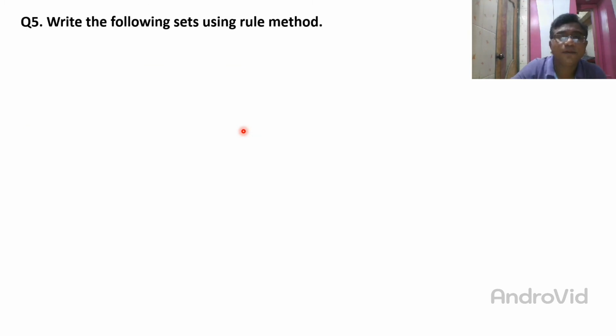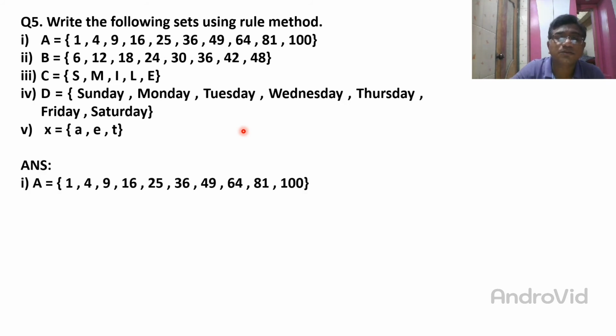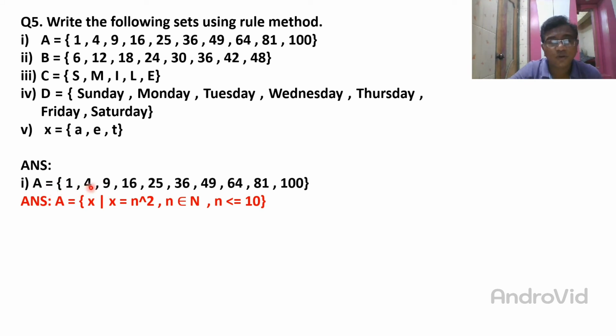Okay. Then problem number 5. Write the following set using the rule method. See the first problem. A is the set of 1, 4, 9, 16, 25, 36, 49, 64, 81 and 100.